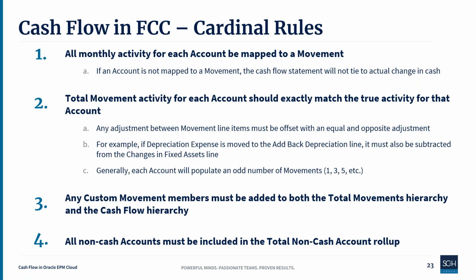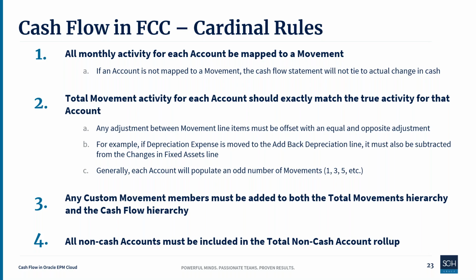When you need to move it into an add back depreciation line to adjust to your cash income, you also need to subtract it from another place in the cash flow statement and in that movement dimension. Because in total, you want your depreciation expense to only show up once. And if we only create the add back for it, it's not going to balance out.